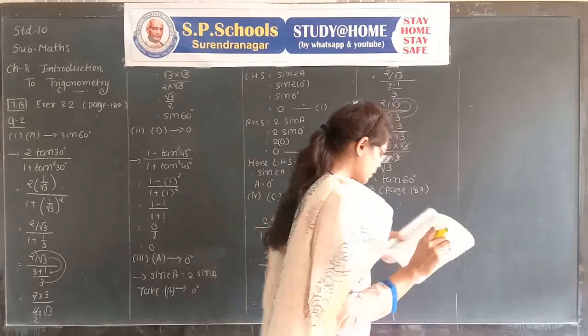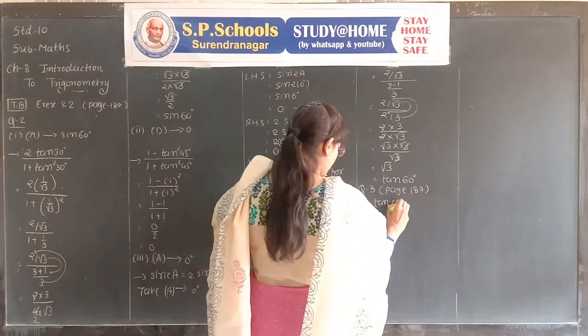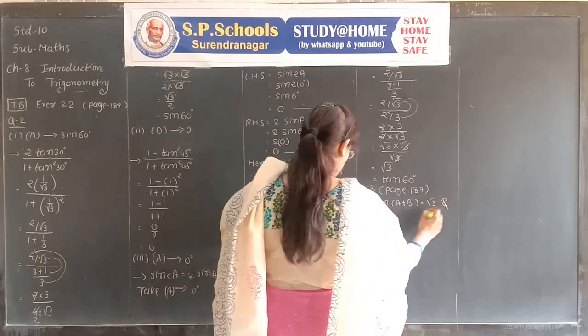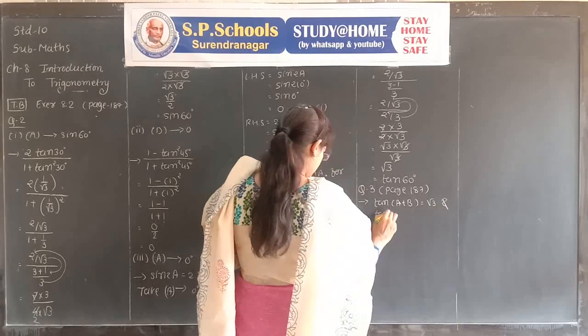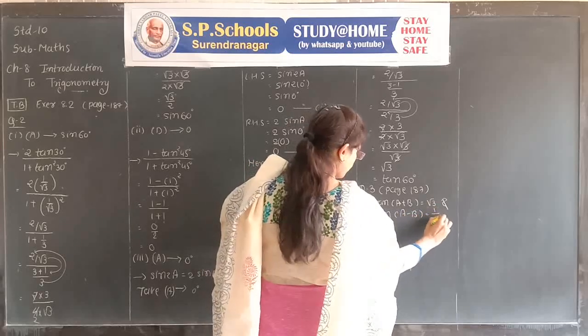Two things are given: tan (a plus b) is equal to root 3 and tan (a minus b) is equal to 1 upon root 3.